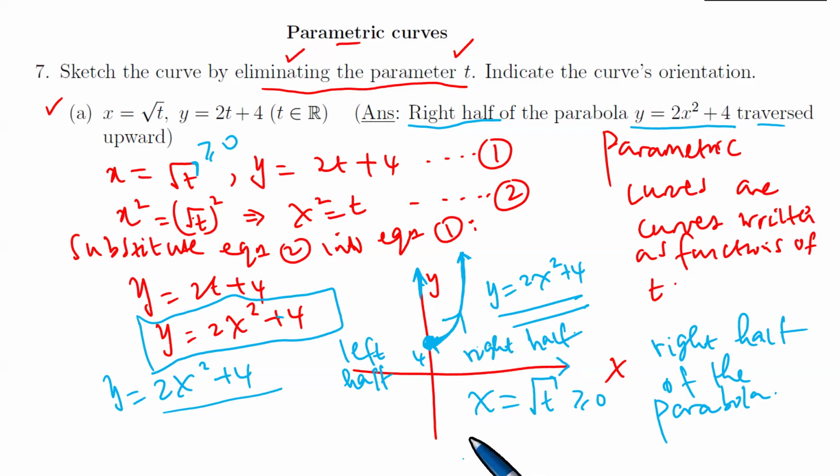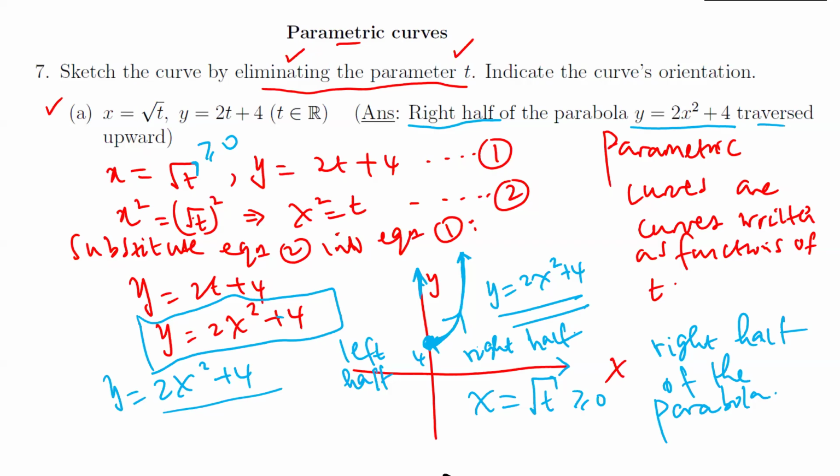You can put it in the middle of the curve to make sure that it is traversed upward, and because it's traversed upward, beginning from x greater or equal to 0, it will have an upward arrow on it. So that is something that you need to take note of.